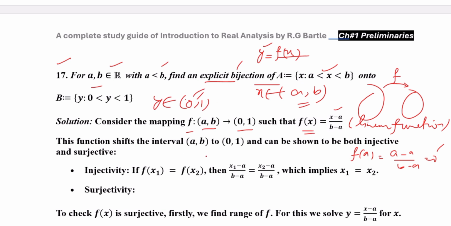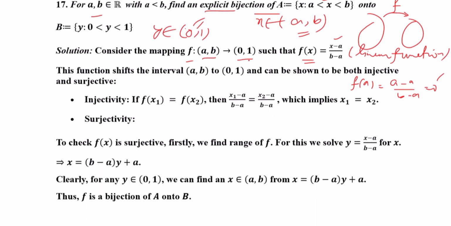Next, to check whether this function is bijective or not, for this we find whether the function is injective or not. A function is called injective when we take f of x1 is equal to f of x2. What is f of x1 here? By just putting x is equal to x1 here, we have x1 minus a over b minus a, and f of x2 is equal to x2 minus a over b minus a.